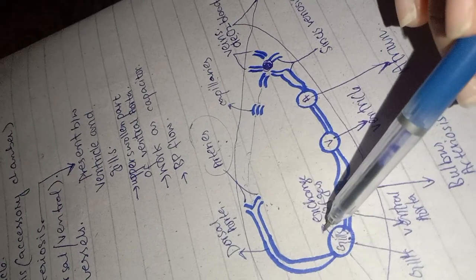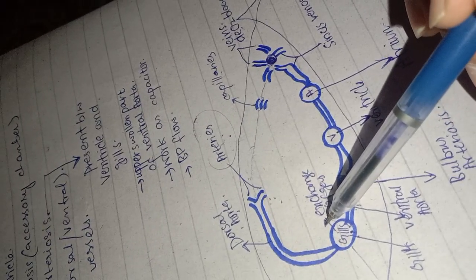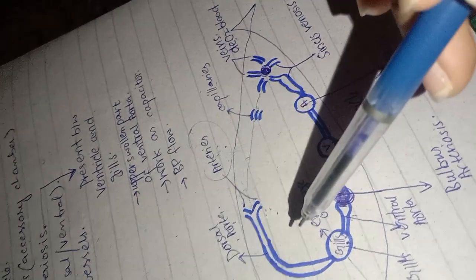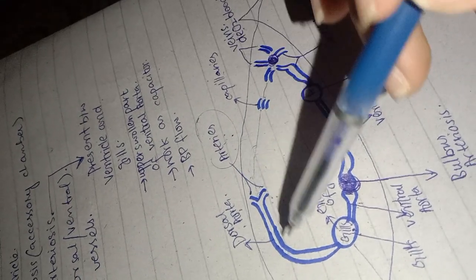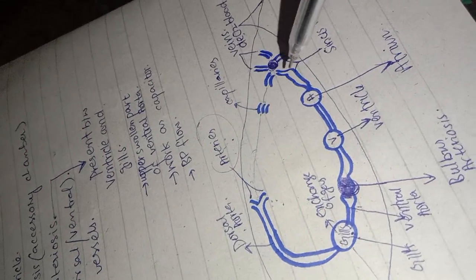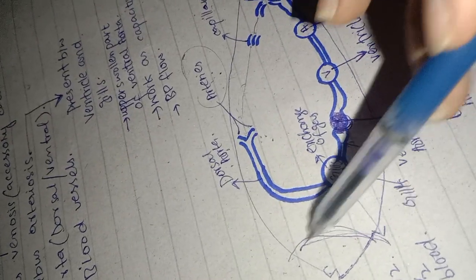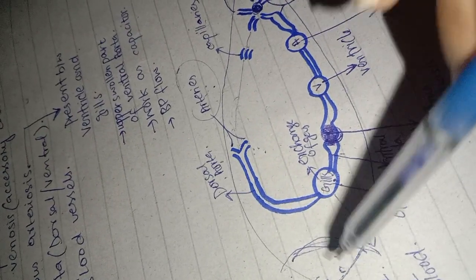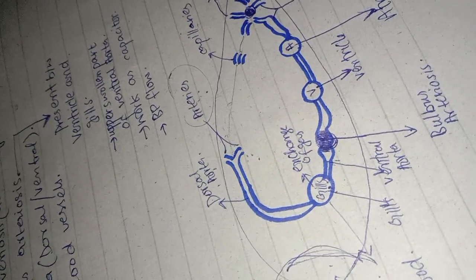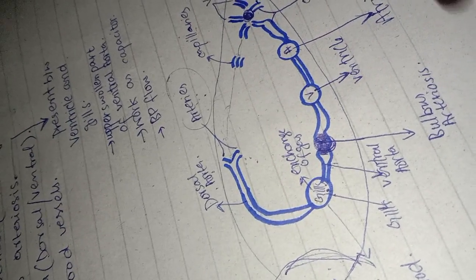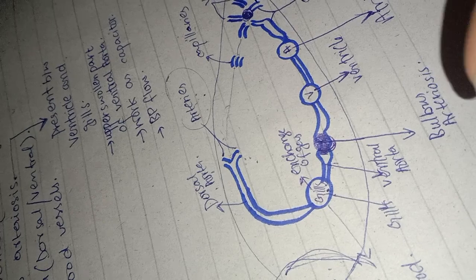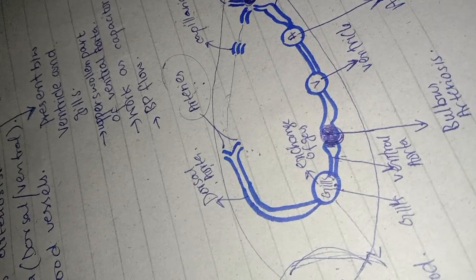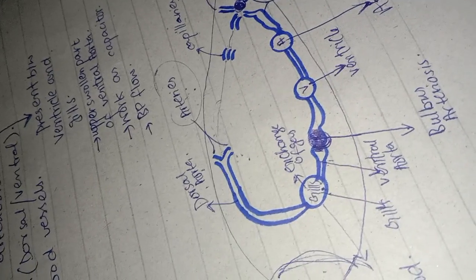Then the carotid artery carries the oxygenated blood from the heart to the head region. And last but not least, the caudal artery carries oxygenated blood to the kidneys of the fish.